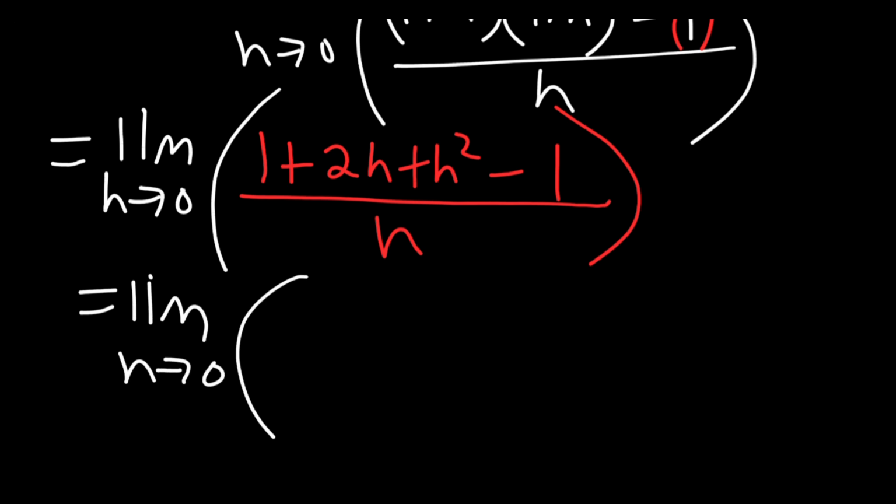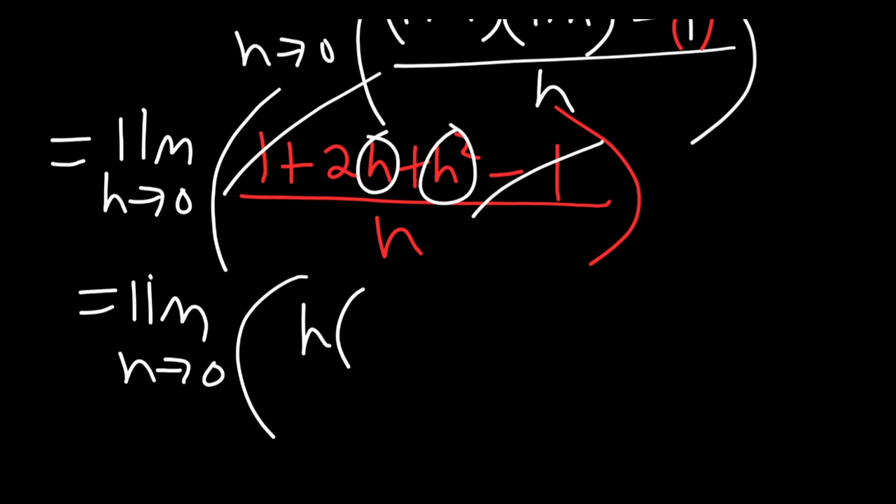Oh look at that, it's perfect. This cancels out, and we're going to be left with simply 2h here. Let's just factor out the h right away. We got 2 h's, so it's going to be h times 2 plus h, all over h.